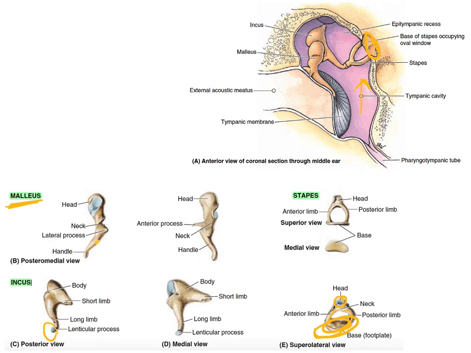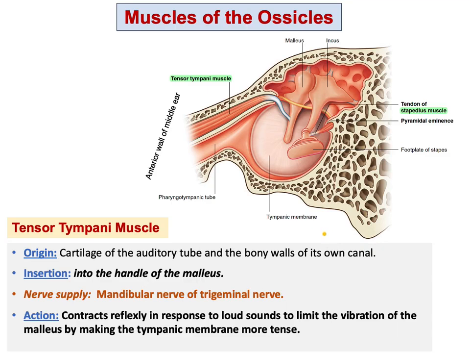In the malleus, you have the handle that attaches to the tympanic membrane, and of course there is a muscle, we'll talk about it, also attached to it to tense the tympanic membrane. And you also have the stapes that has a head and neck, so take care of the neck, because a small muscle, the stapedius, is attached to it. This is what I want.